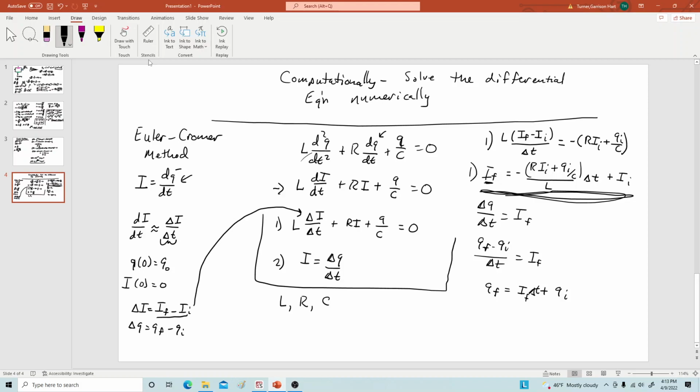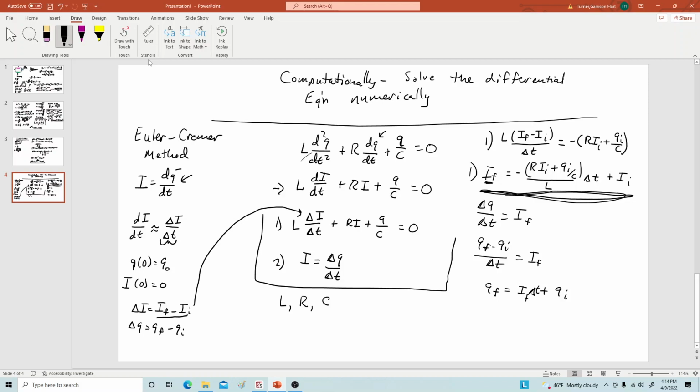Okay, the previous derivation was focused on the underdamped case, but this method doesn't care. You'll be able to calculate the correct solution for the underdamped, critically damped, or overdamped in any case, regardless of what your values of L, R, and C are.